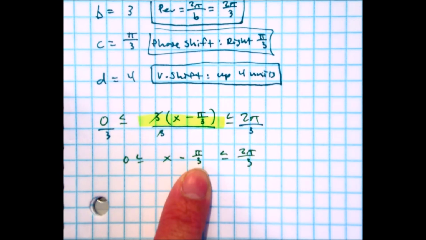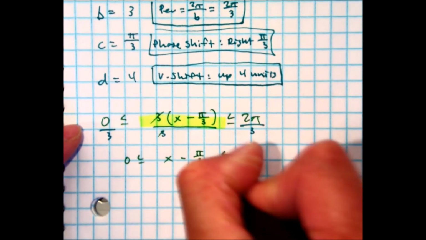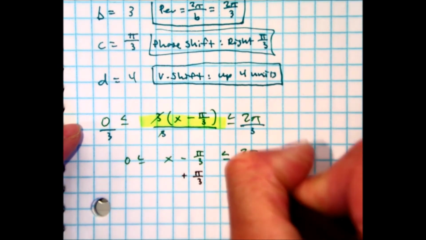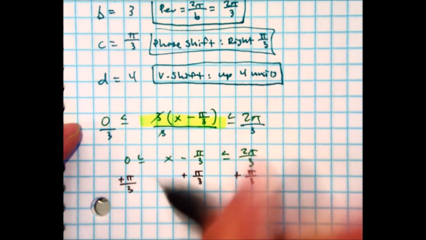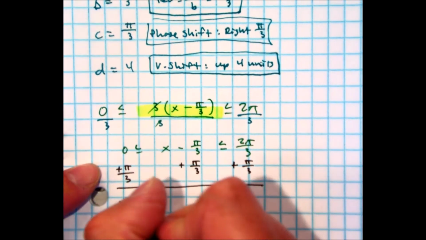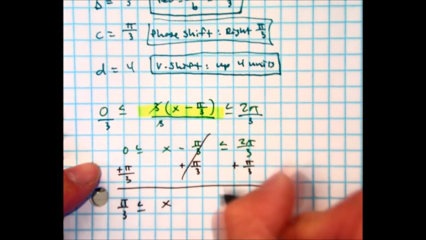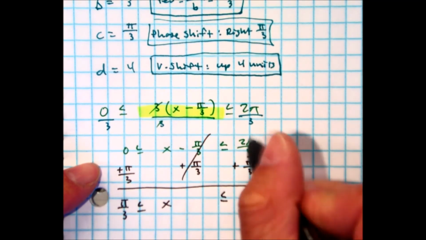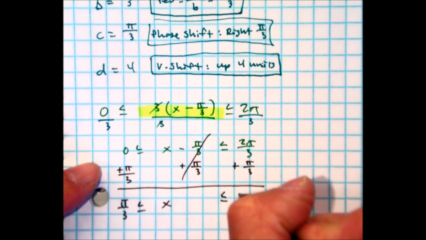Now we have our phase shift to deal with, so we're going to add pi over 3. So I'm going to have pi over 3 less than or equal to x less than or equal to 3 pi. 2 plus 1 gives me 3. 3 pi over 3 is just pi.